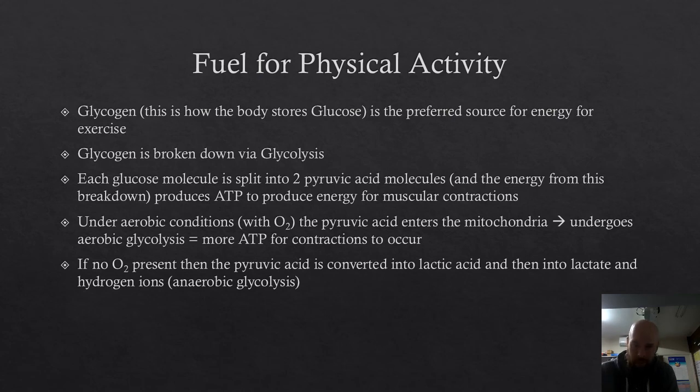So if you're working at too high an intensity, or if the event that you're competing in is, let's say, a 400-meter event, there's not enough time for the oxygen to become the predominant supplier, and you'll work anaerobically. Then the pyruvic acid gets converted into lactic acid and then into lactate and hydrogen ions, which is the byproduct of the anaerobic glycolysis system.